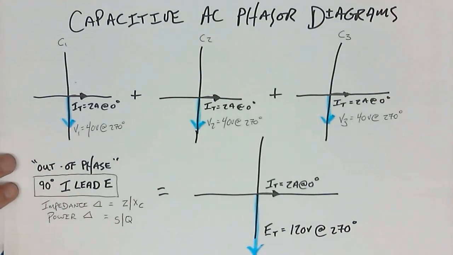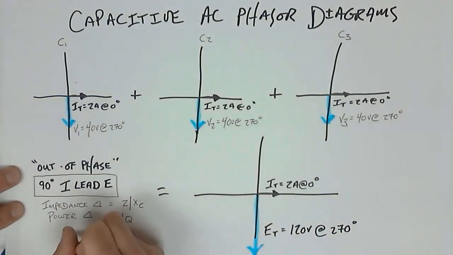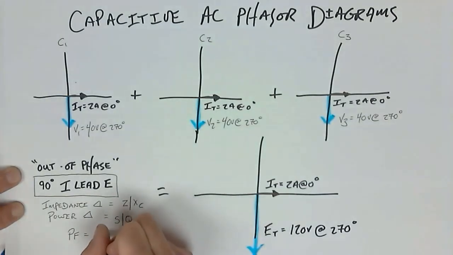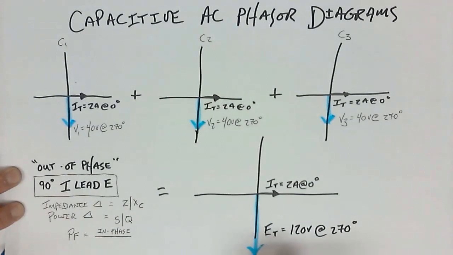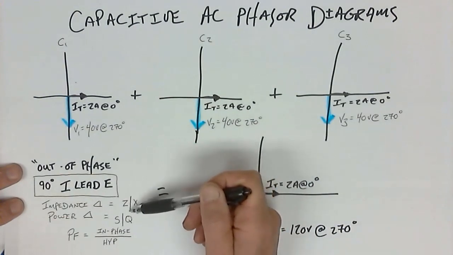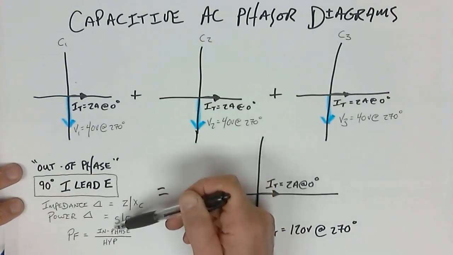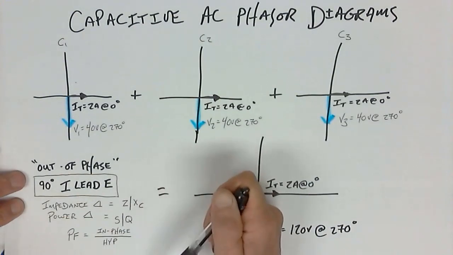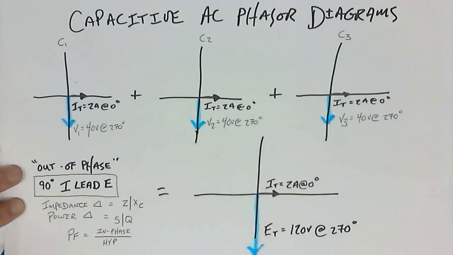And so what that means is that in the same way that we calculated the power factor of our inductive AC circuit, the power factor is still a calculation of the in-phase component of whichever triangle we want to use, divided by the total of that triangle. So it doesn't matter if I use the Z and my horizontal of 0, or I use my S and my horizontal of 0, the power factor we will get when you calculate it is 0.